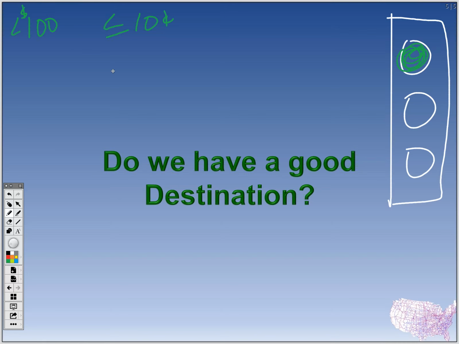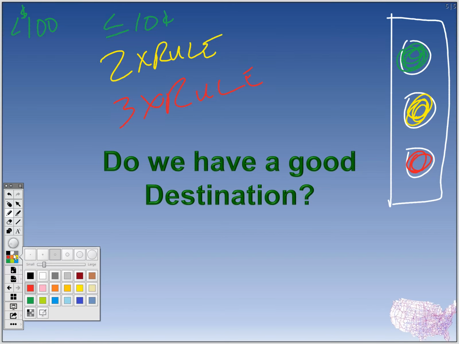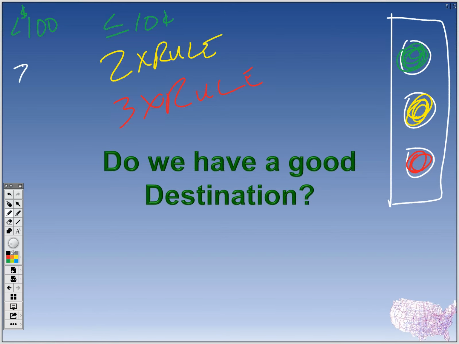A yellow light would be 2 times the rule. And a red light would be 3 times the rule. All right, and then what did we talk about? It was the ones that were greater than $100, right?